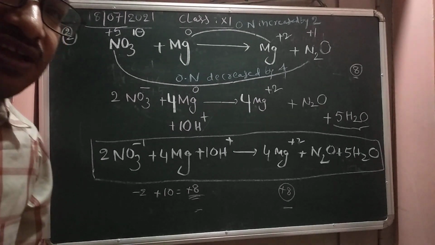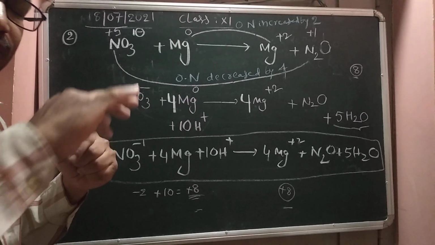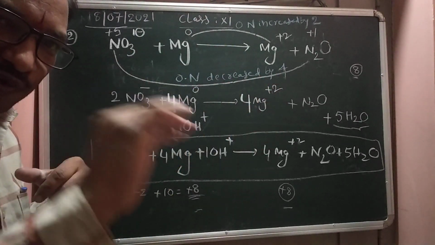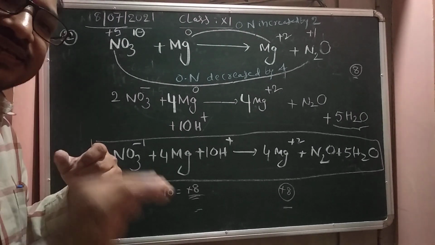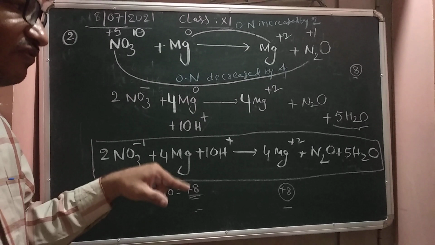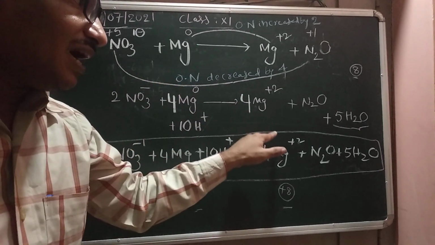Once again I am reminding, first we have to write the skeleton equation and then identify where oxidation number is increased and where it is decreased, and then the increase and decrease in oxidation number should be balanced. After that, the atoms other than hydrogen and oxygen should be balanced.